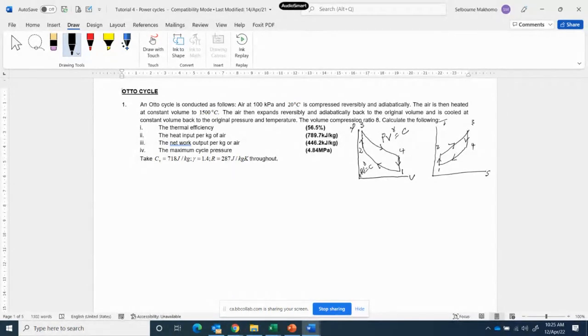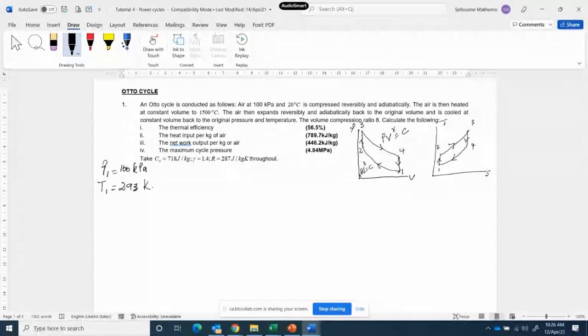Air at 100 kPa and 20 degrees Celsius is compressed reversibly and adiabatically. In other words, these are our initial conditions. So P1 is 100 kPa. T1 is equal to 293 Kelvin.